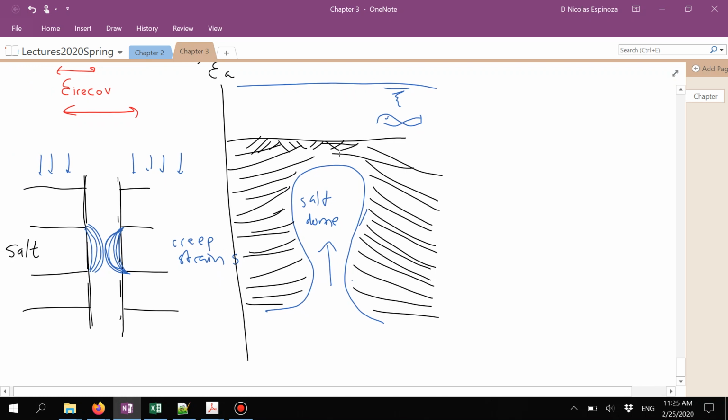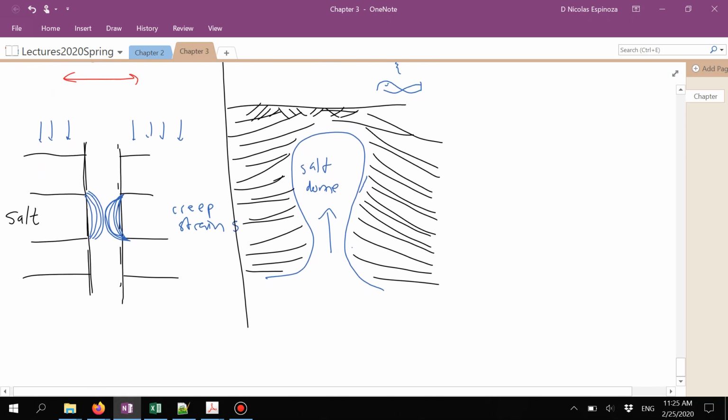In this case, the stress is applied by the loading and the weight of these sediments around the rock and on top of the salt layer that make the salt dome rise.